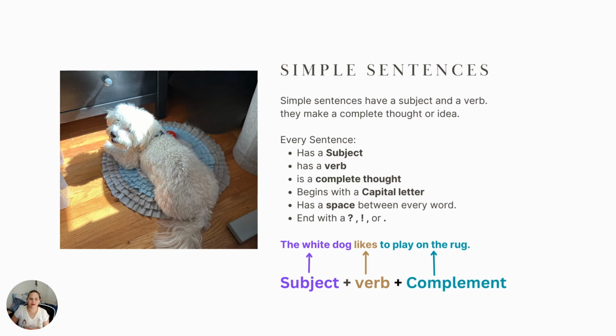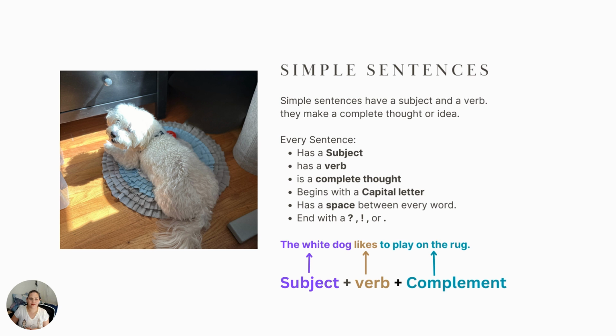Now, let's talk about the simple sentence. So a simple sentence just has a subject and a verb, and it makes a complete idea in English, okay? So every sentence has to have a subject, has to have a verb, has to have a complete thought. It usually begins with a capital letter.